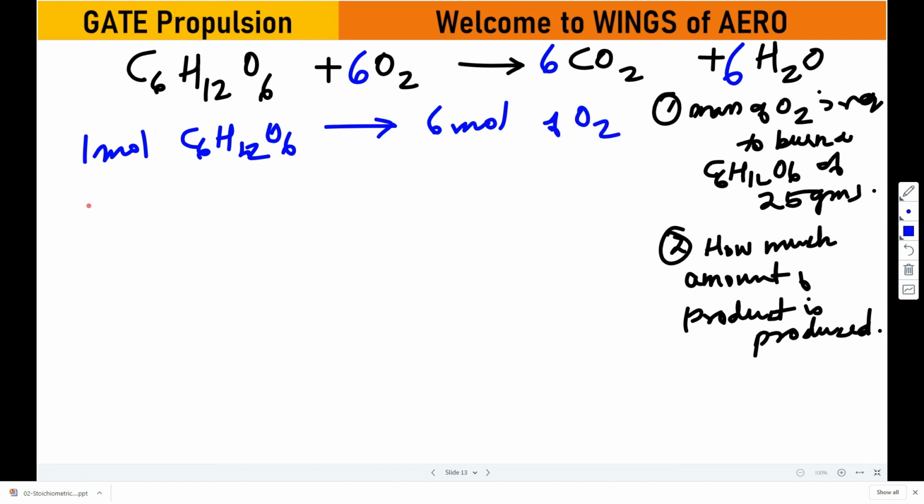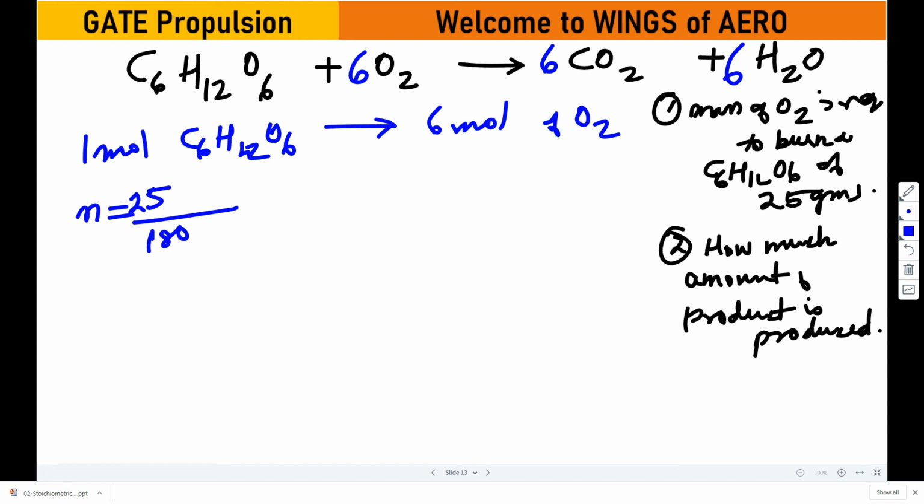Now here they have given the mass, so the number of moles is 25 divided by the molecular weight. What is the molecular weight? You will get 6 into 12 and so on. 26.6. Yes.